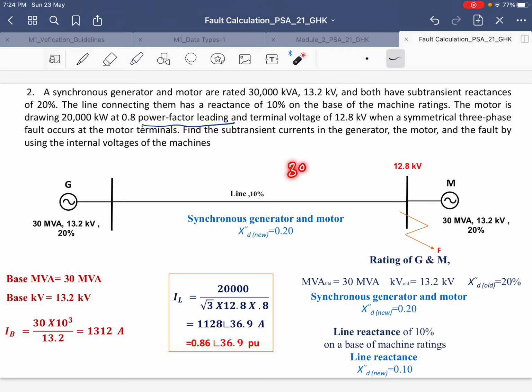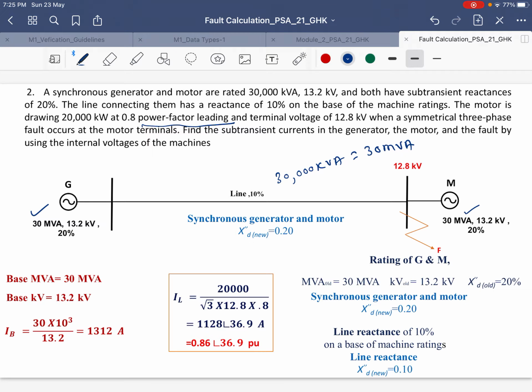That is why I have written here 30 MVA, 30 MVA.